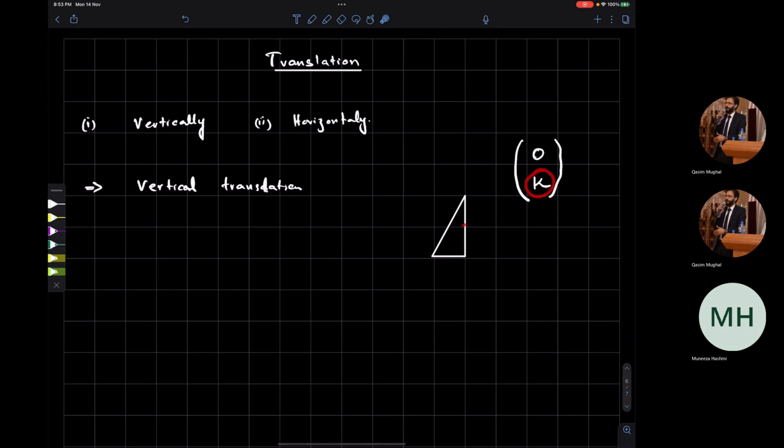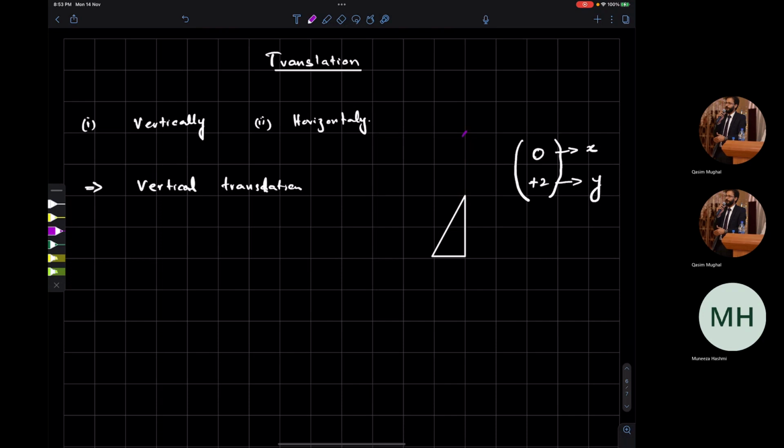By this many steps, the triangle would have gone up or down depending on the sign of the k. Remember? Yes, sir. Because this was the x distance and this was the y distance of the translation vector. Got it? Yes, sir. So basically, if it's 0 and plus 2, then I'll be moving each point 0 on the x-axis and then 1, 2 on the y-axis.